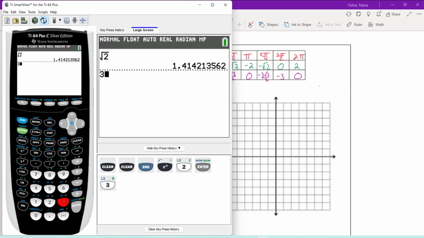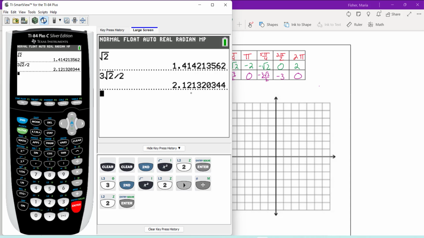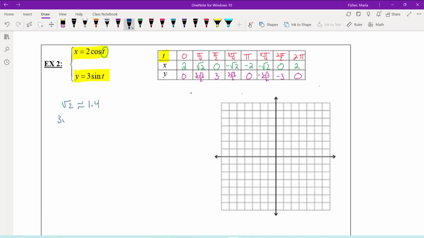And 3 square root of 2 divided by 2 is approximately 2.1, so we're going to use 2.1 when we're graphing 3 square root of 2 over 2. And since we have decimal values, I'm going to make each one of these little tick marks half a unit. So this is where 1 is, 2 is, and 3 is, just so that it's easier to graph this in the end.